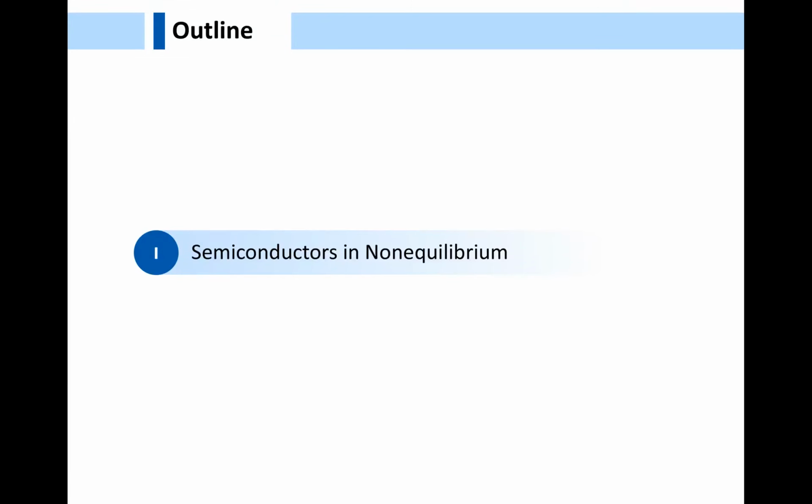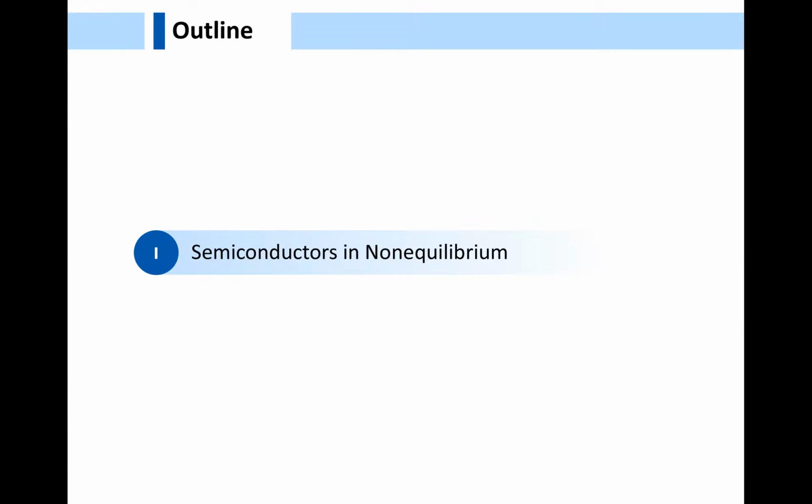So in this class, we will delve into the application of the continuity equation. We will apply the continuity equation to gain a deeper understanding of ambipolar transport and interpret this ambipolar transport through the continuity equation.